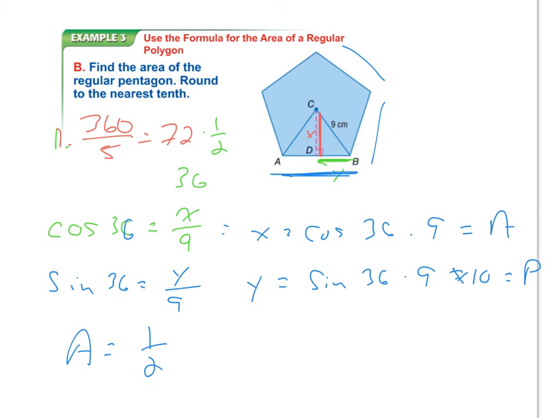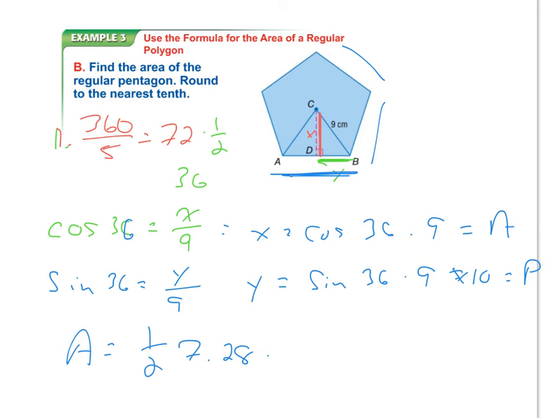I got cosine 36 times 9, and I get 7.28 times my perimeter, which is sine of 36 times 9 times 10.